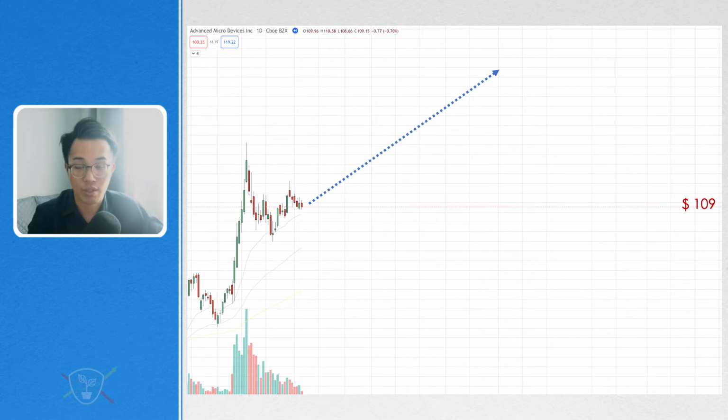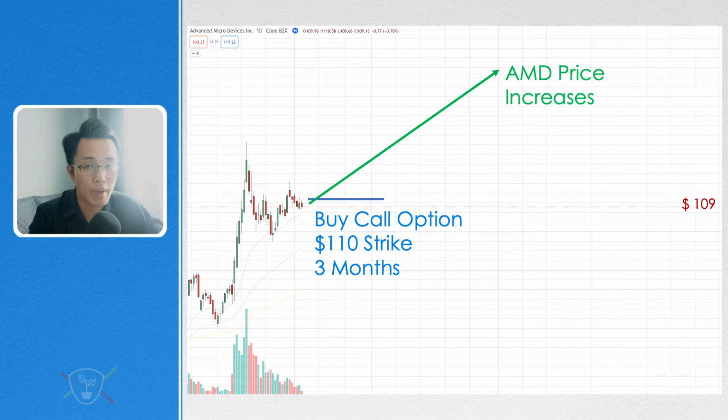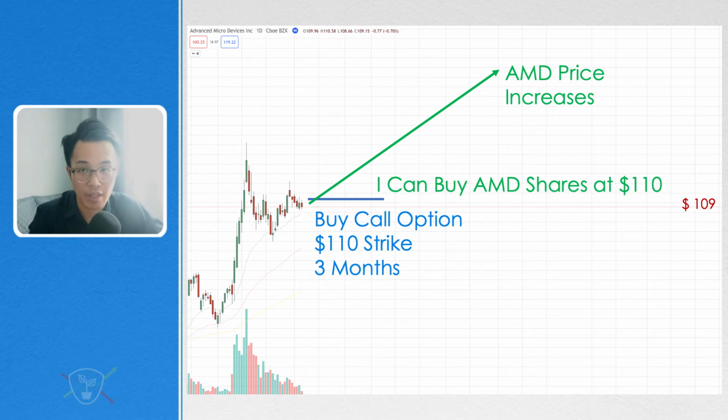So what I can do is buy a call option. Let's say I buy a call option with a strike price of $110, 3 months to expiration. Basically it means that in the next 3 months, no matter how high AMD share price goes, right? 120, 150, 200, 300, 500, regardless of where it goes, I have the right to buy AMD at $110 anytime in the next 3 months.